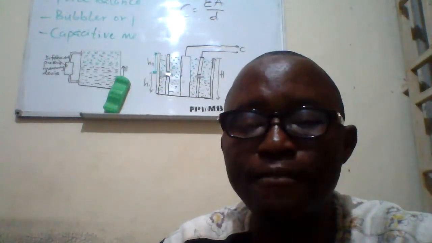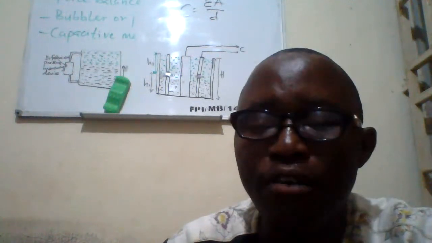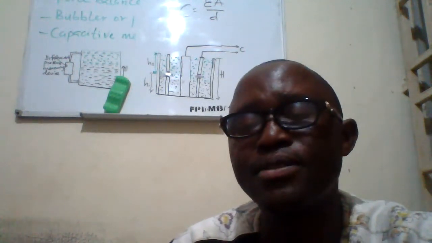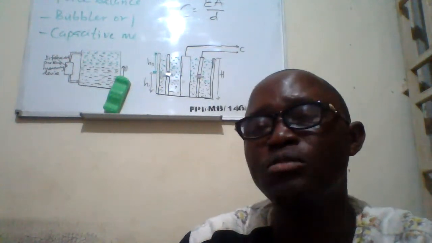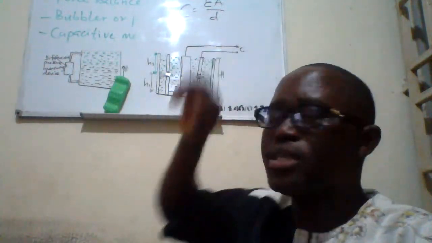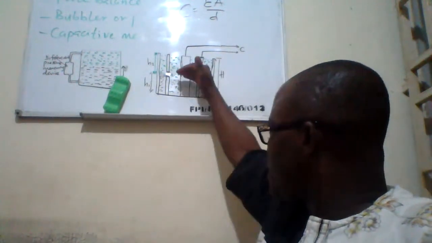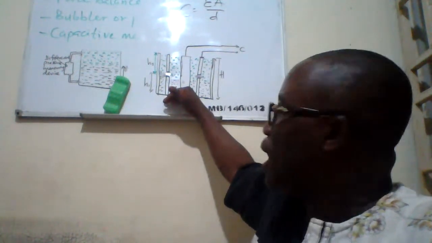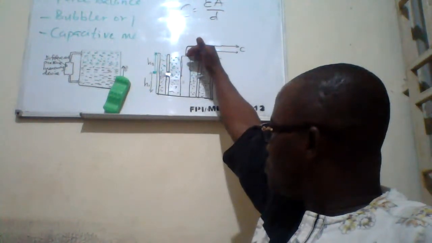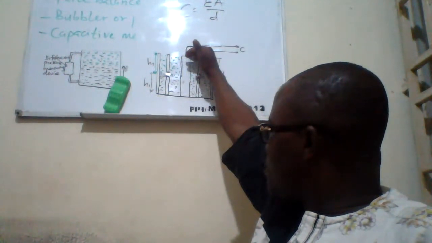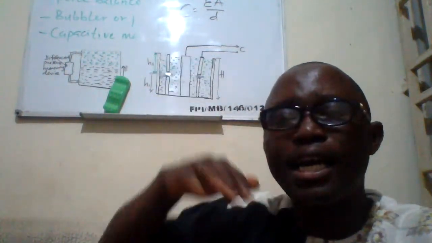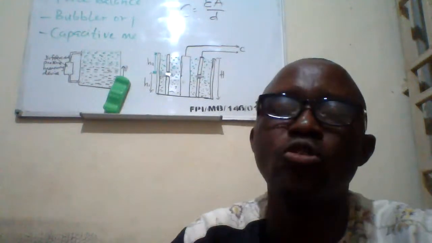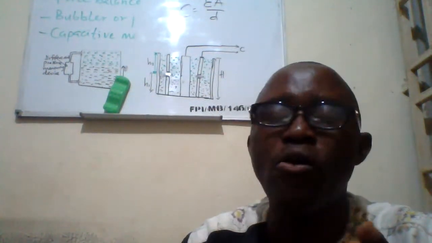Now, for this reason, we are going to have a complex capacitance. So the total capacitance formed, capacitance C at this point, will be a sum of the capacitance of the liquid, and then the other one, the capacitance formed by the air or vapor on top. You can call it vapor or air.